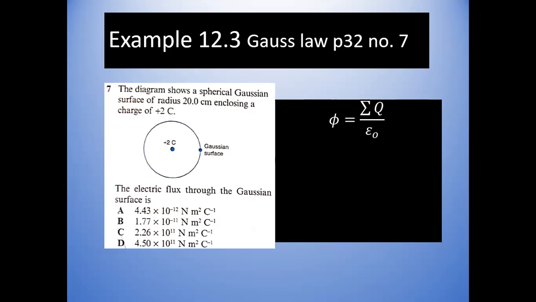And then epsilon, you just substitute, right? The value is given. So the radius, no need to care. Don't need to worry about the radius if you are not using it, unless you want to find the electric field strength. Not everything given is to be used. Sometimes it's just a distraction, to see how much we understand.